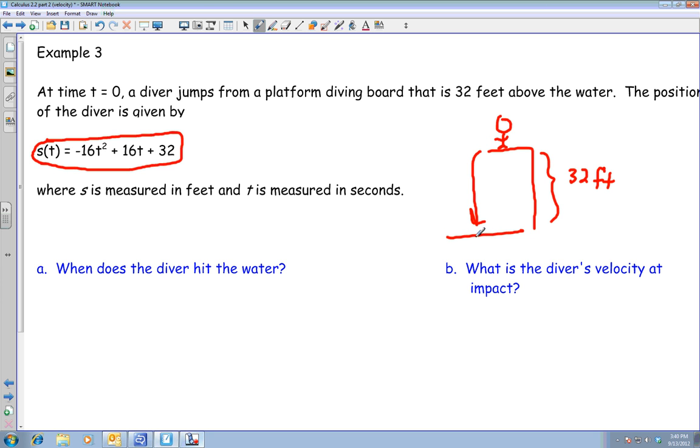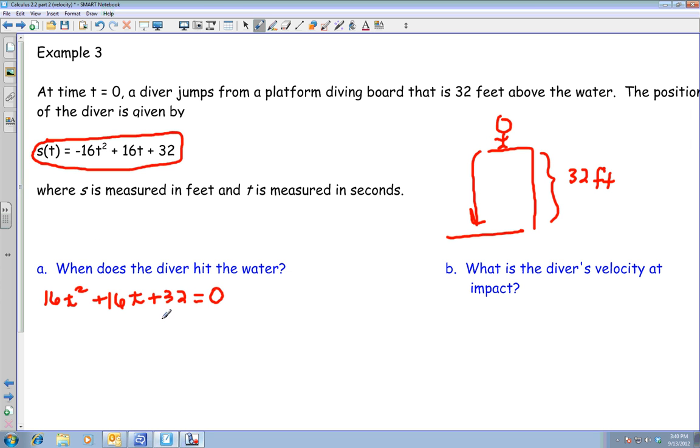He's going to hit the water. If I want to know when his position is 0, I'm going to take this equation, set it equal to 0, and solve. So I have negative 16t squared plus 16t plus 32 equals 0.